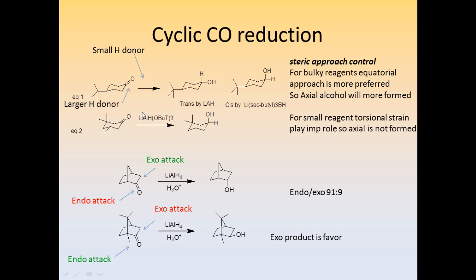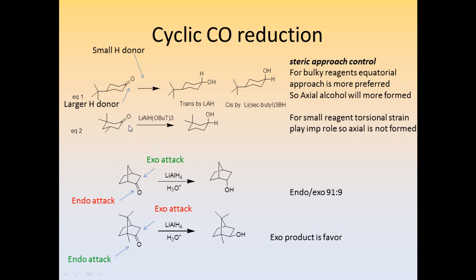But in the case of a large hydride donor, there is a steric hindrance, so it cannot attack here. It can attack from the below side, below the CO group, below the less bulky groups.